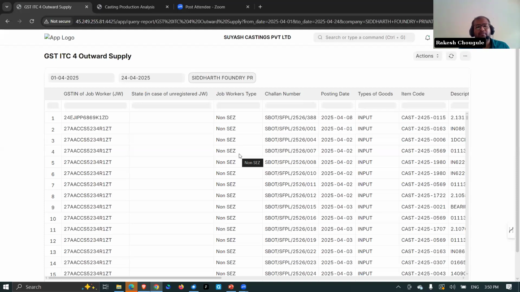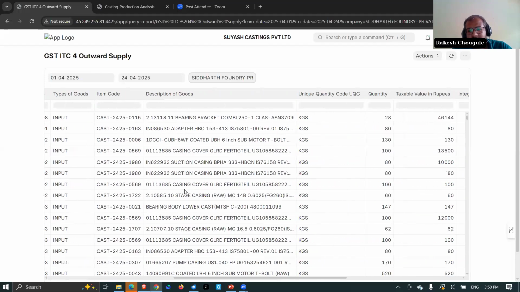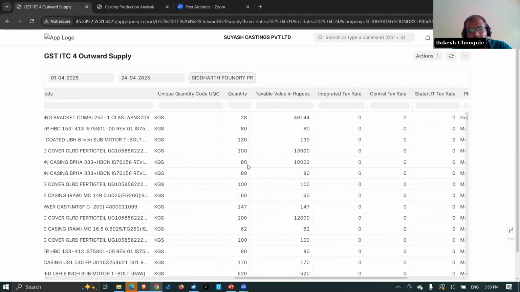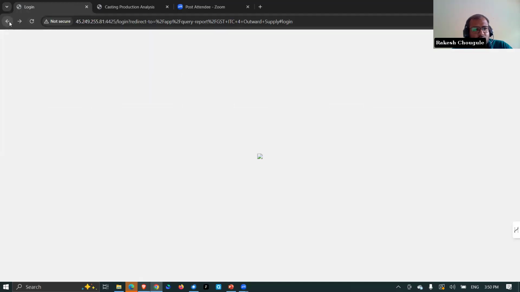Particularly in the casting industry, there will be straightforward casting moving out and coming in, and I have to match it against the in challan and out challan. So we have made GST ITC 4 reports accordingly, which are compliant to the government, in which you will get all GST related data. So GST ready reports are also available in this package.